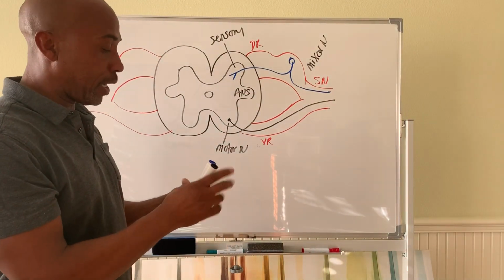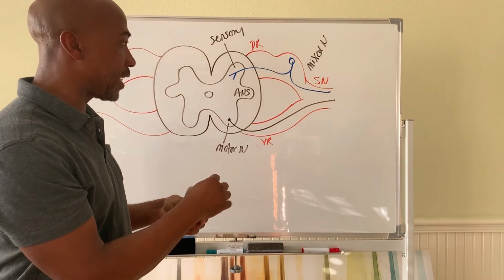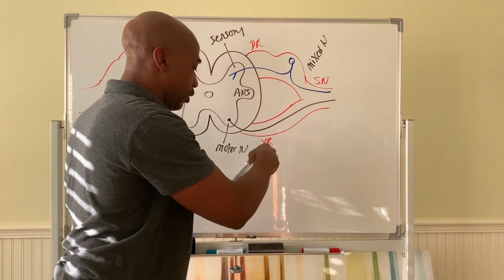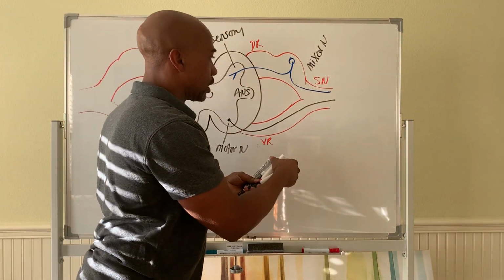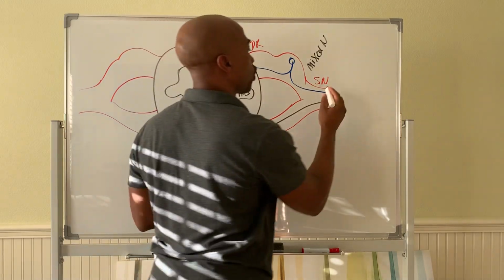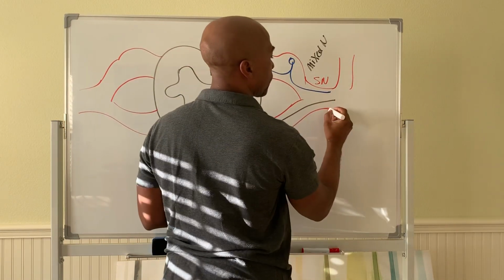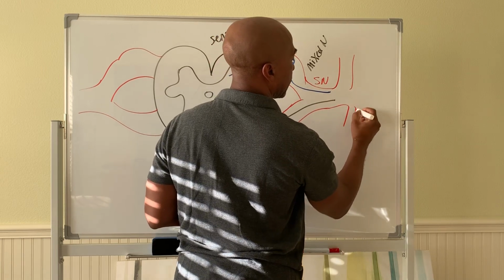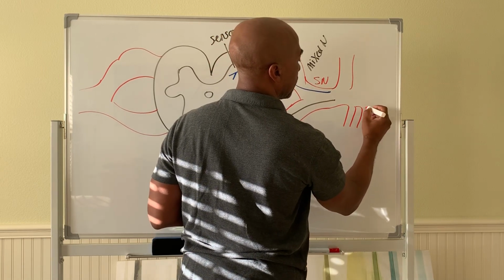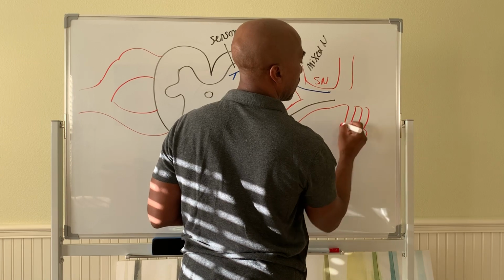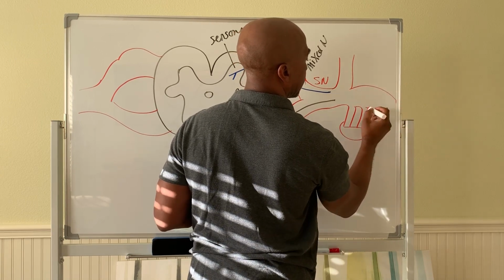Now, the spinal nerve will split very quickly. As soon as it goes out a little more laterally, it will divide up into what's called rami. So right away, it branches like that into what's called the posterior ramus, and then like this, and then like that.